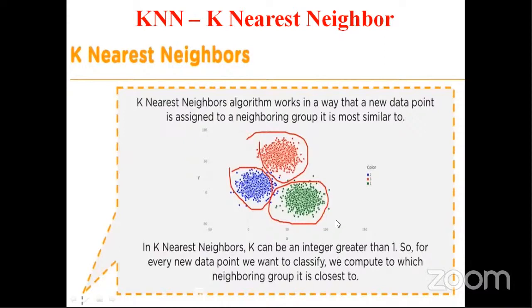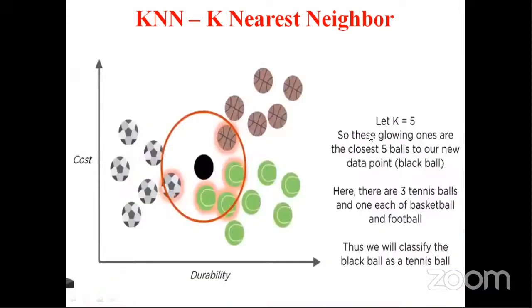Whenever we want to check a new data point, meaning new testing data, we will compute and find out the neighboring group it is closest to. So here we came to know the second point in KNN is that K is one parameter which has to be greater than 1. Now we'll see here.